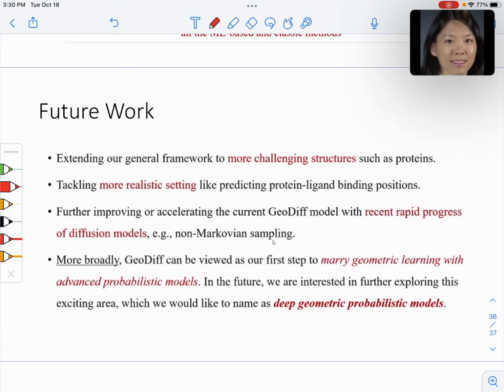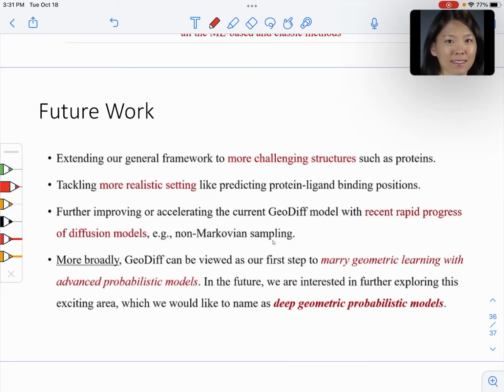And they also want to explore whether they can further improve or accelerate the current method with some state-of-the-art diffusion techniques like non-Markovian sampling to make the performance even better.